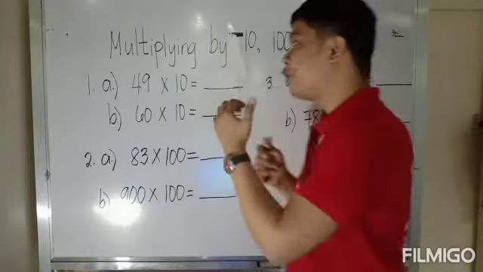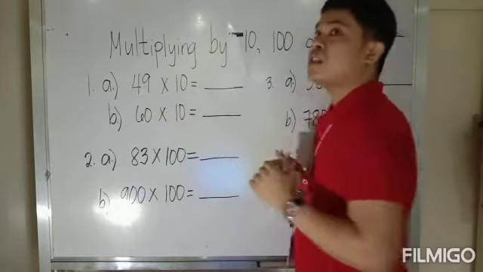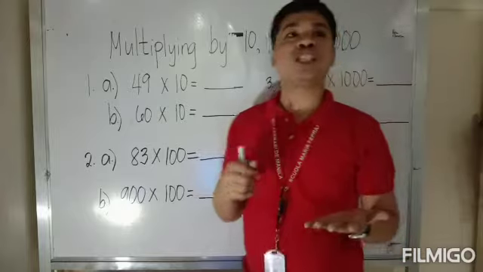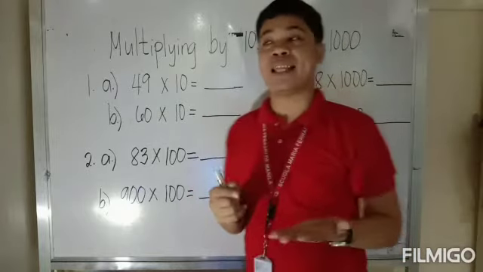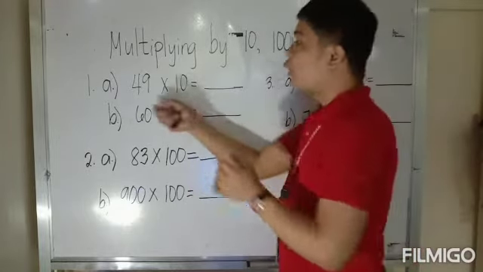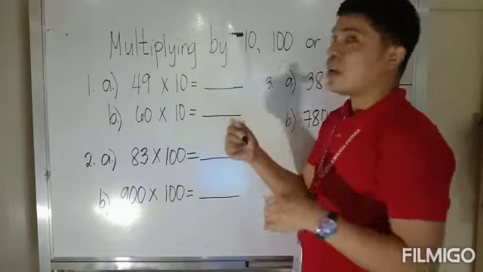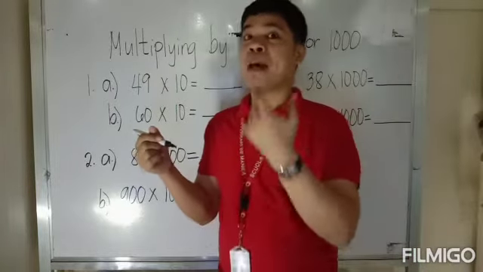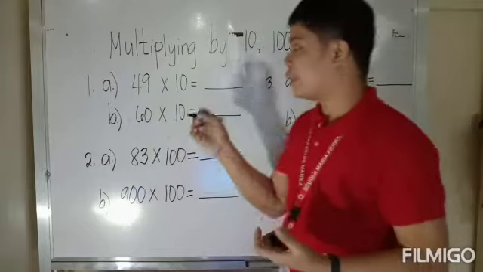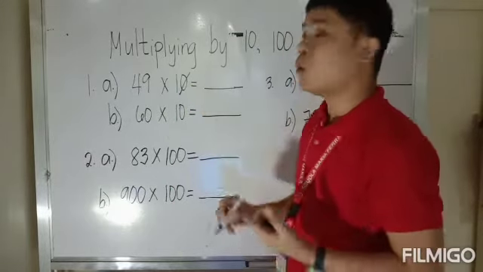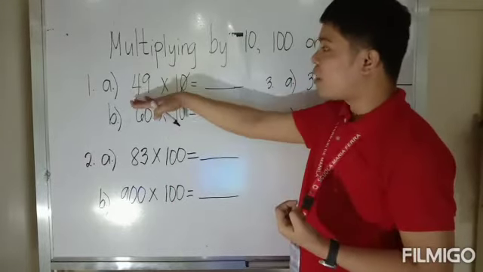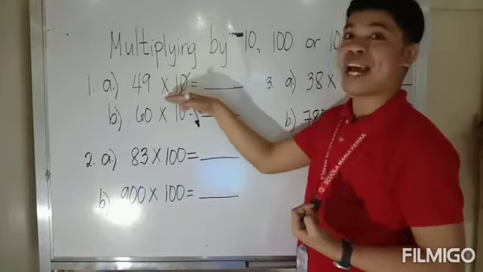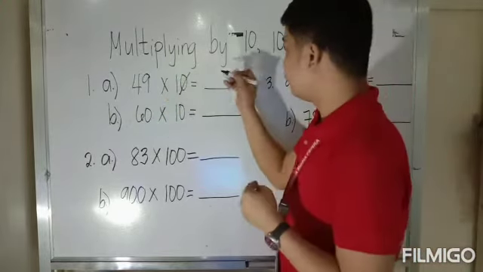So we have here 49 and 10. As I mentioned earlier, we'll just multiply the non-zero digits, and the non-zero digits here are the 49 and the 1. We'll cancel the 0, and then multiply only these numbers. 49 times 1 equals 49.